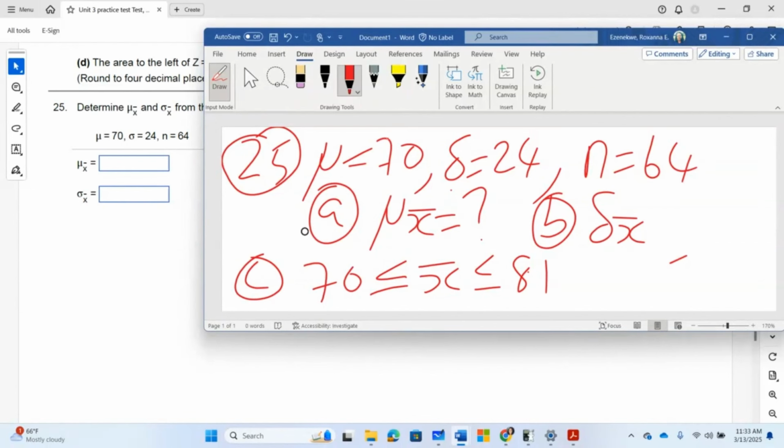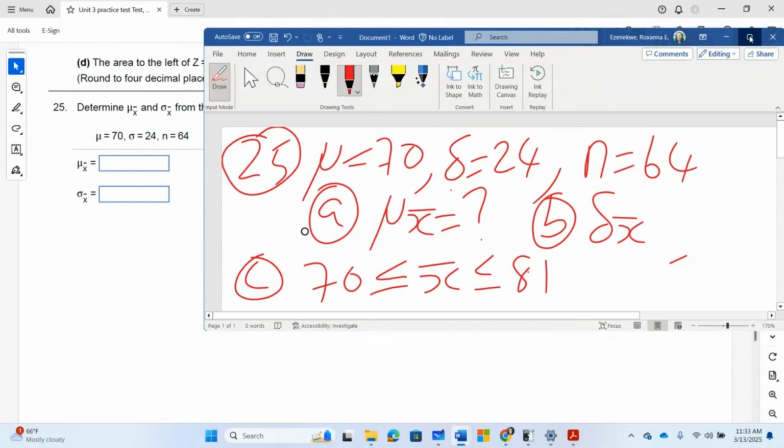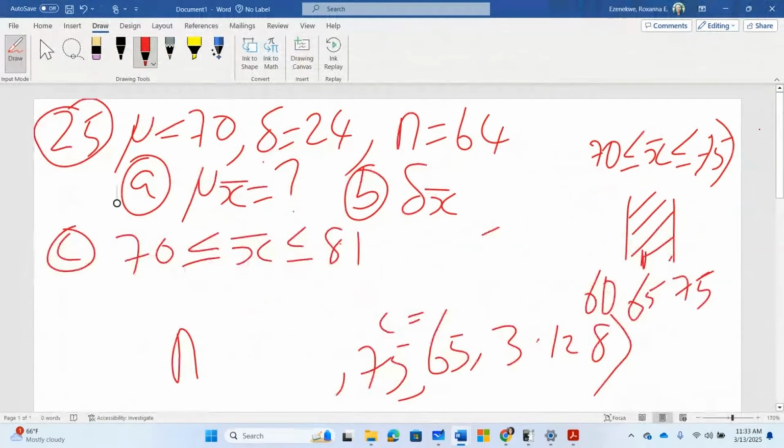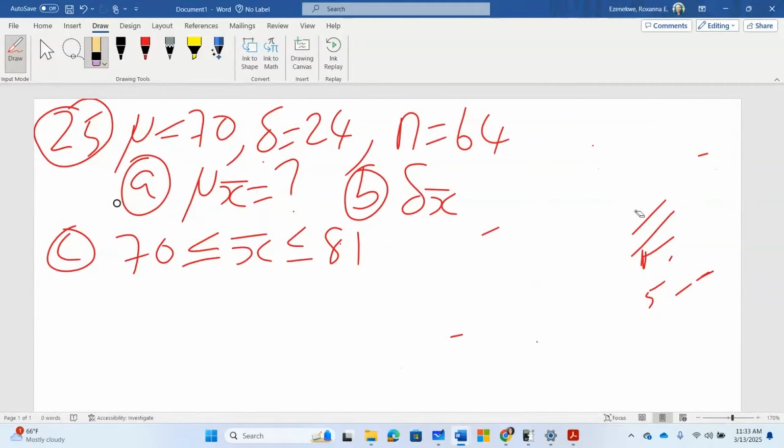So what I'm going to do is I'm going to draw a picture of what I'm looking for. I'm cleaning some of these parts. Okay. So the first picture I'm going to draw is a normal curve.